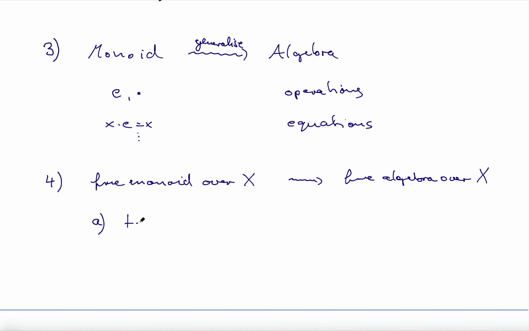And the term algebra, we have seen, is built from operations and equations. So we take the term algebra over X, I should say, right? The term algebra over X is given with respect to a particular set of operations and equations.